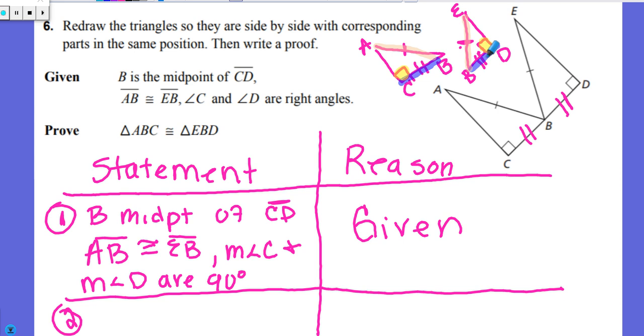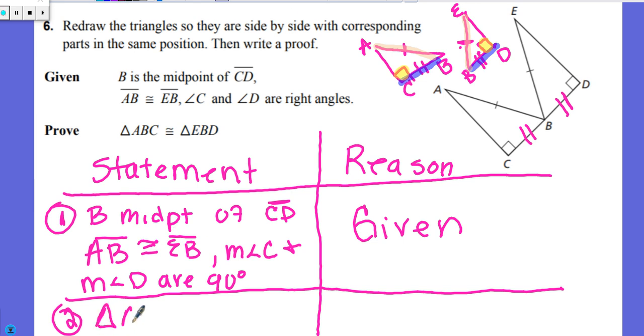So I'm looking at it. Yep, I got hypotenuse leg here. So I have a hypotenuse. AB and BE are hypotenuses, and I know this because they're across from the right angle. And then CB is a leg and BD is a leg, so we straight. So we know that these 2 triangles are congruent by hypotenuse leg.